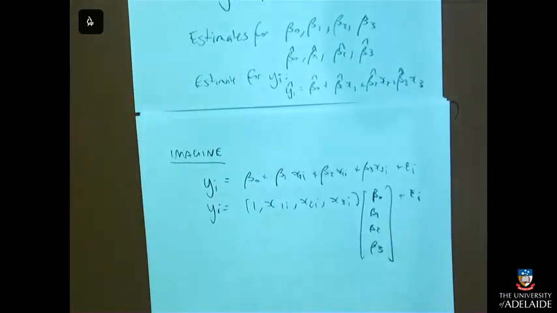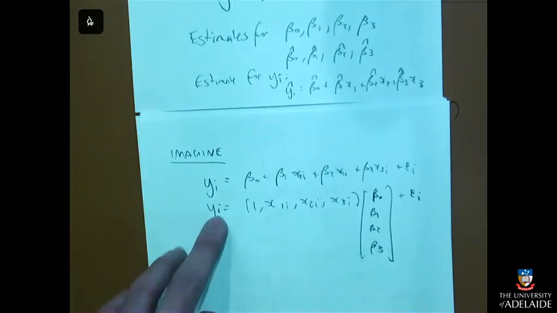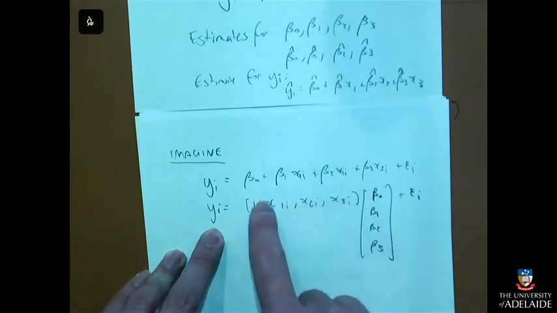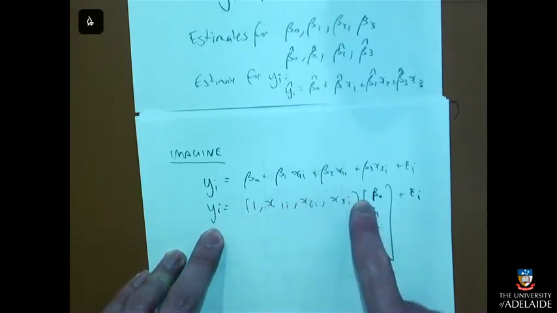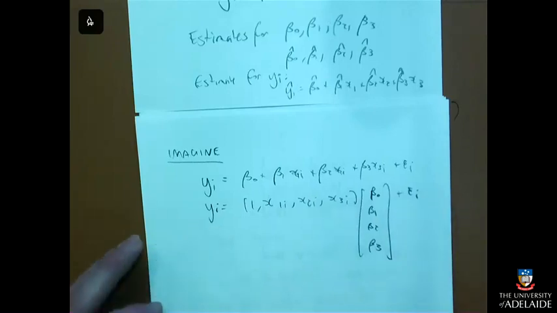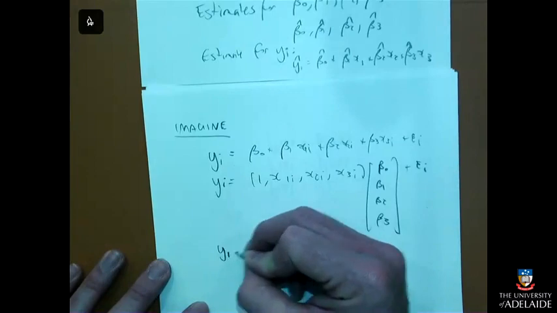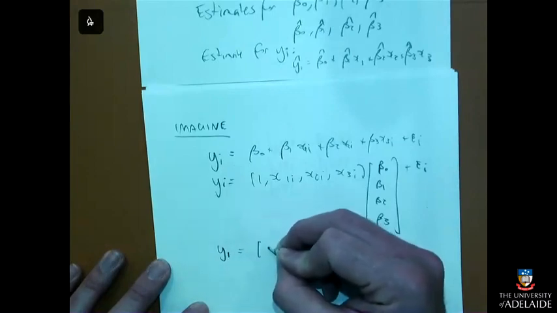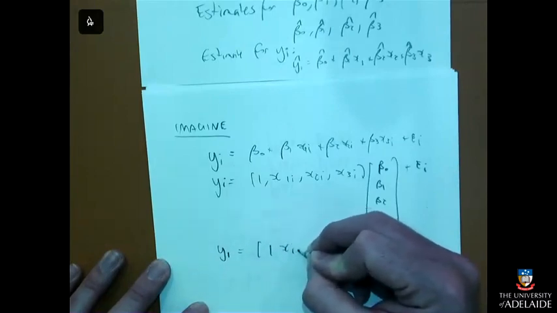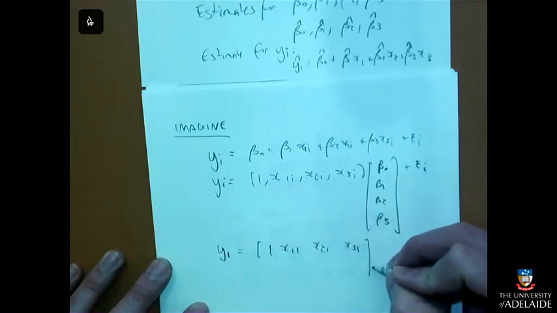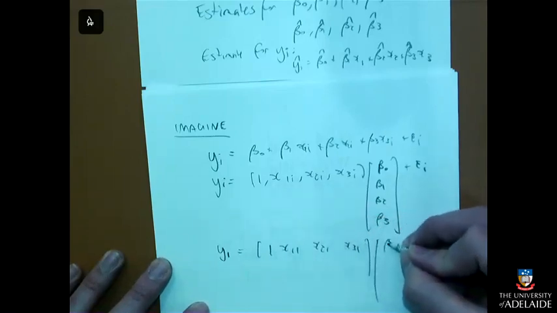And then that's just position 1 of the y vector, and position 2 of the y vector would be this, but with the second set of x's and the second epsilon i. That's backwards from how matrices are normally labelled, I'm sorry.